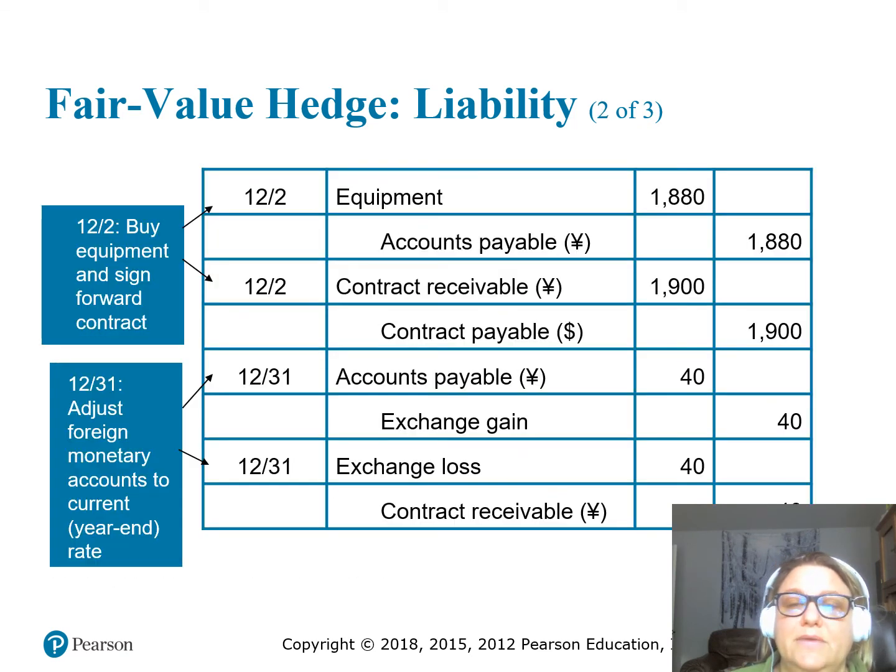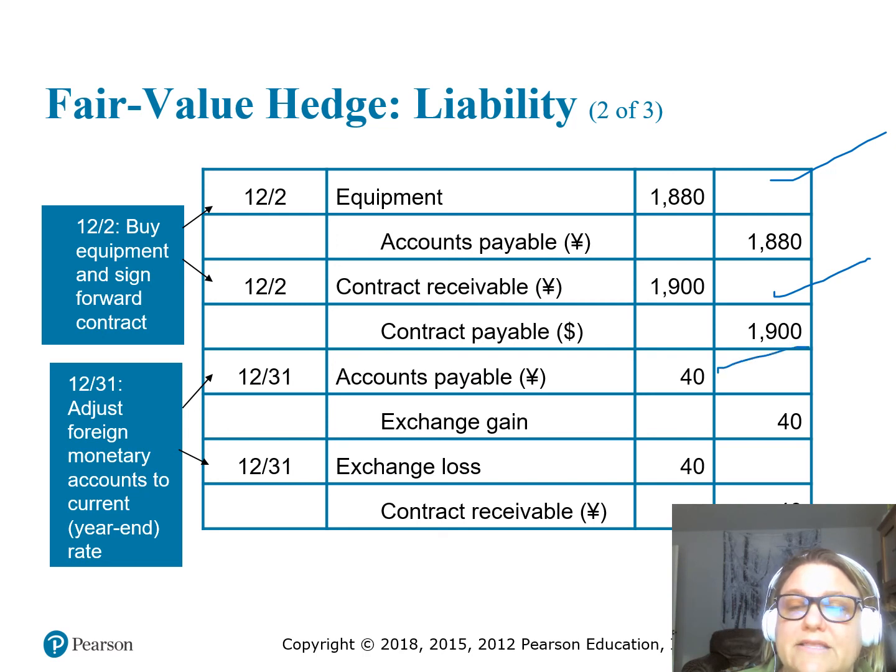Okay, so here are the journal entries. This is originally buying the equipment, contract receivable and payable, receivable in the pound, payable in the dollar. Here's the gain in accounts payable and exchange gain, and here's the loss.